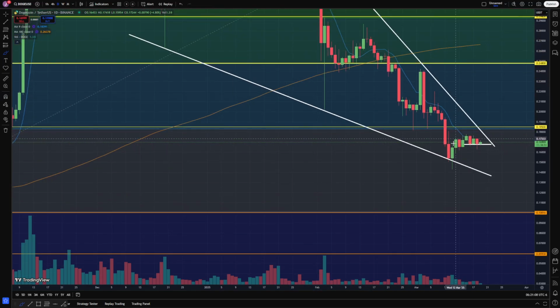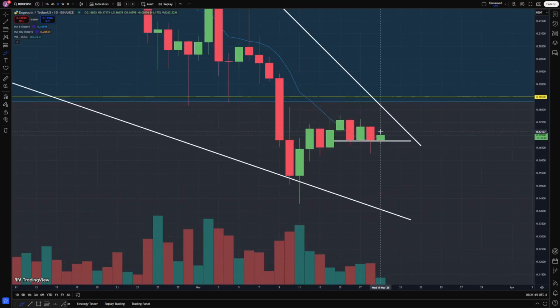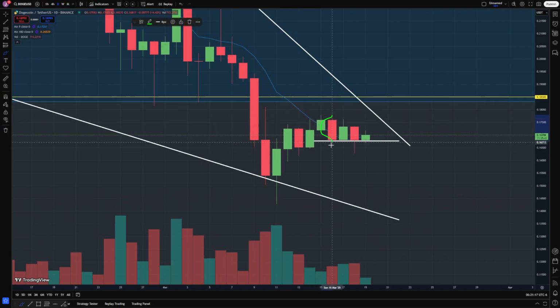So the other day I was talking about how right here we broke above the daily 9 moving average, which was a good sign, and then we broke below it. We didn't break below it that bad though. My point is it looks like we're kind of holding support right here. If we get this 9 moving average, something like this, it kind of looks like we're holding support at that area.